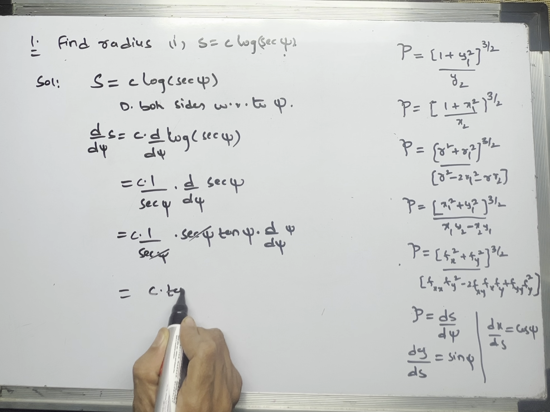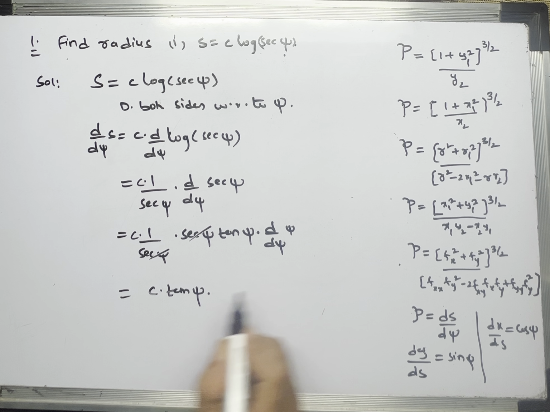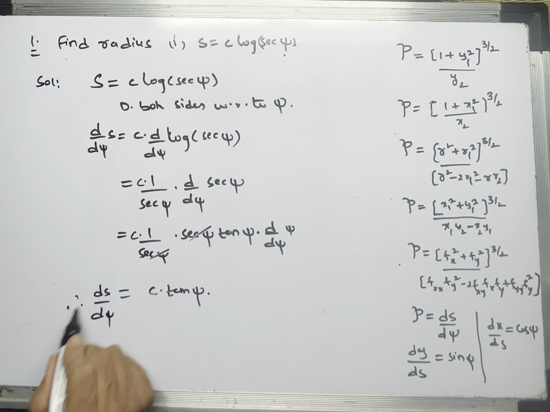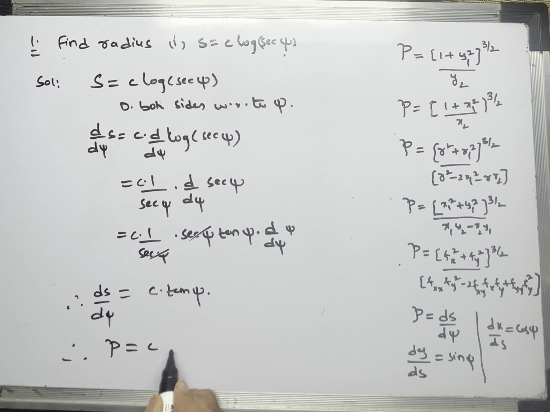So we get c into tan psi into 1. Therefore ds by d psi, which represents the radius, is c tan psi.